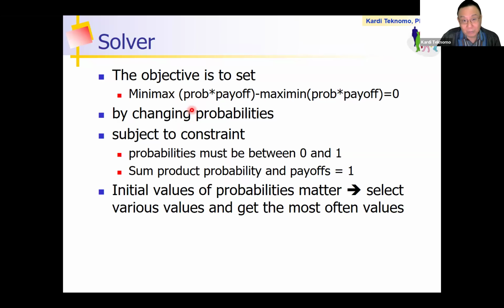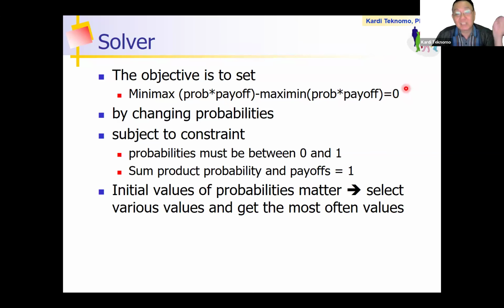So here is how to do it. First, you multiply the probability with the payoff. I know you don't know the probability, but you can set any value first. For the probability of each row and each column, you calculate the minimax and the maximin, and then you take the difference.